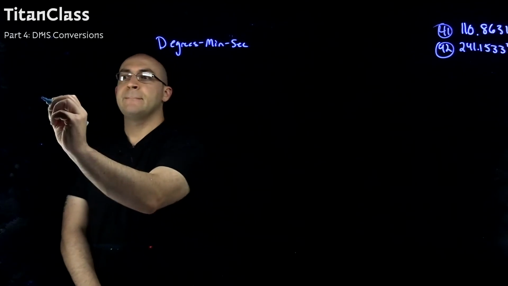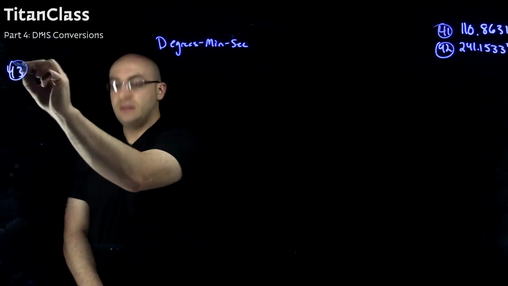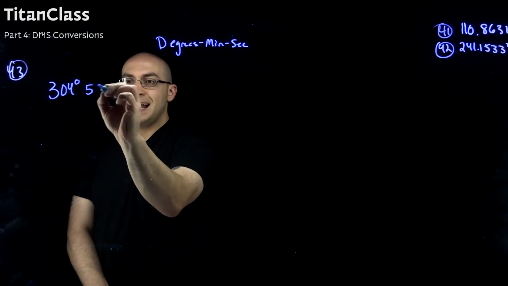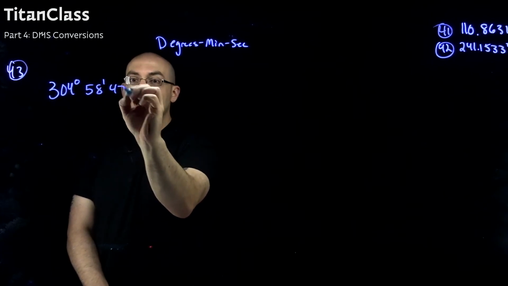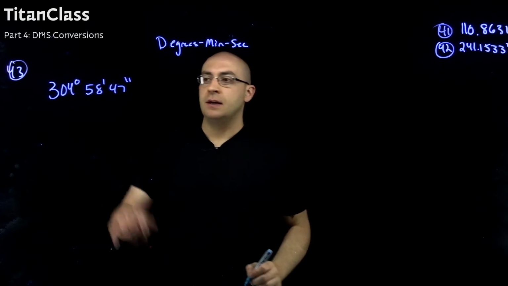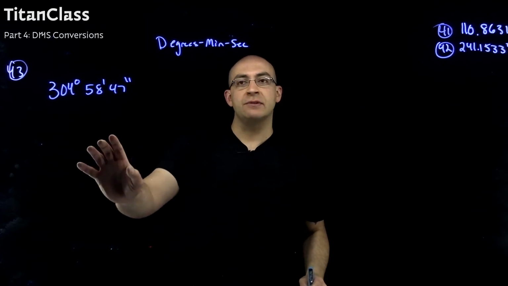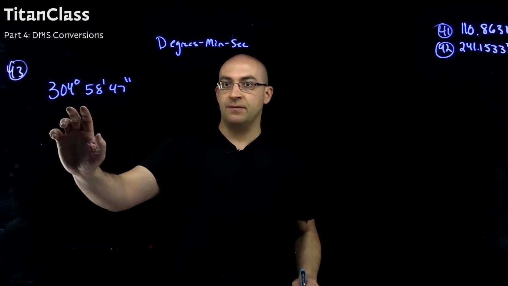Okay. Number 43, 304 degrees, 58 minutes, 47 seconds. Again, this is really close to 60, which means that our decimal degree measurement is going to be almost 305, right?